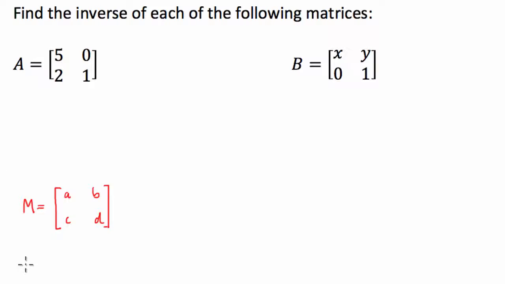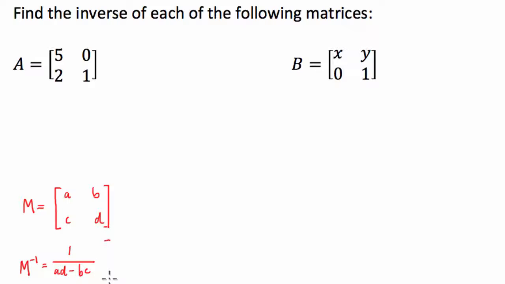If we have a matrix that looks like that, its inverse, which is usually denoted M to the negative 1, will be equal to 1 divided by AD, so A times D, minus B times C.